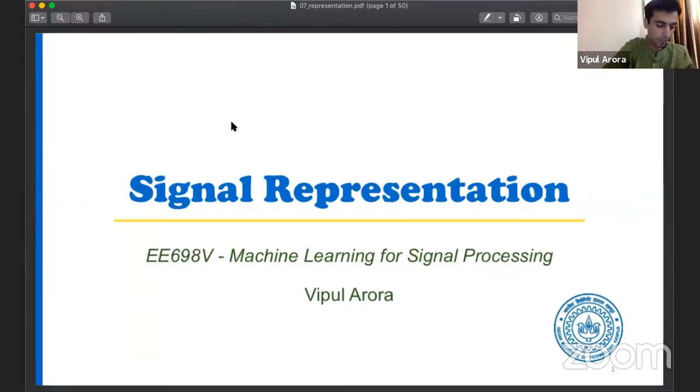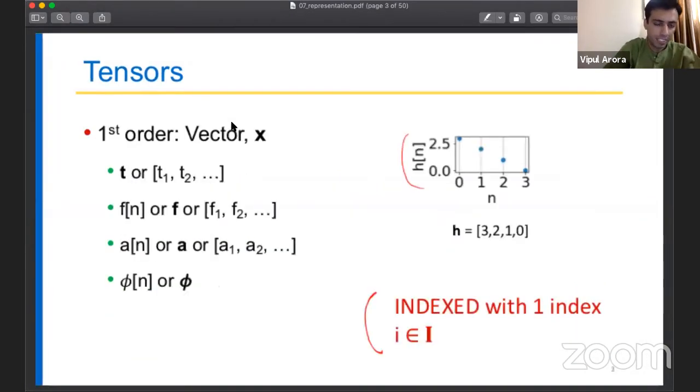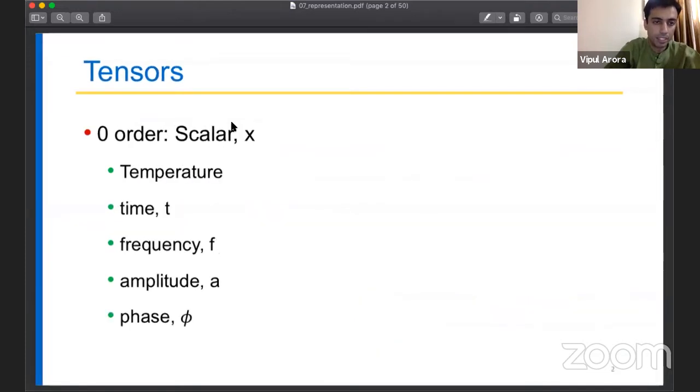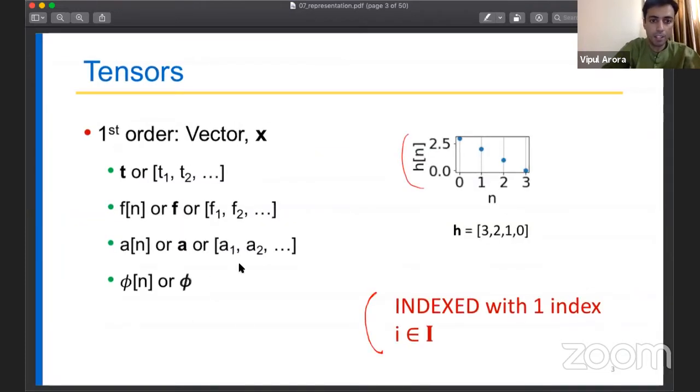So we discussed signal representation. A scalar is a zeroth order tensor. Let's talk in terms of programs. If you have a Python program and you write x[i], with only a single index, then that is a first order tensor. It's simply a vector.